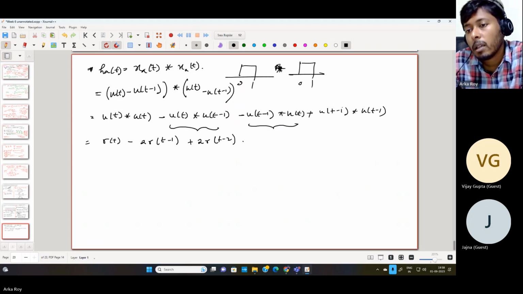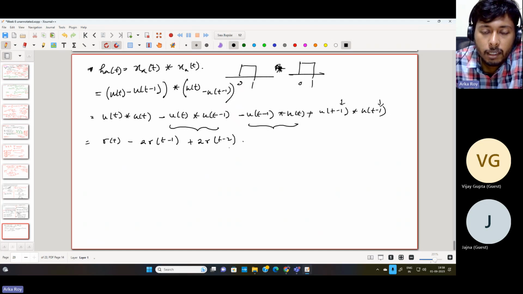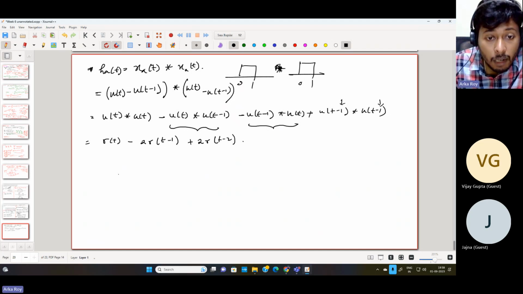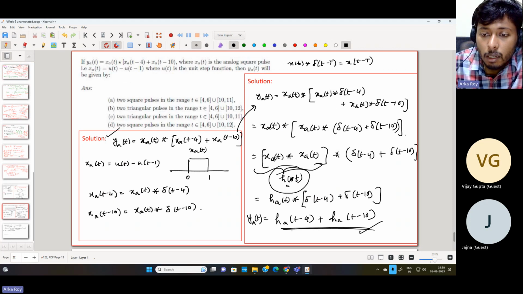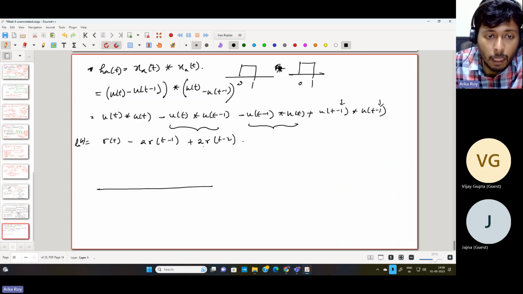Because we have the components minus 1 and minus 1, these two will be added. So I will do t minus 2. Now I need to see what is the range of this particular ha(t). Then only I will be able to comment about what ha(t minus 4) looks like and what ha(t minus 10) looks like.